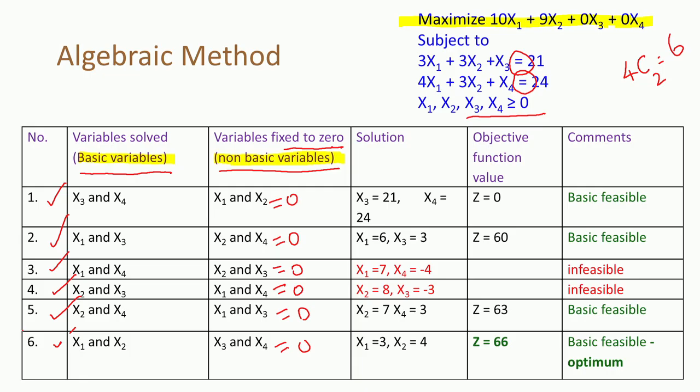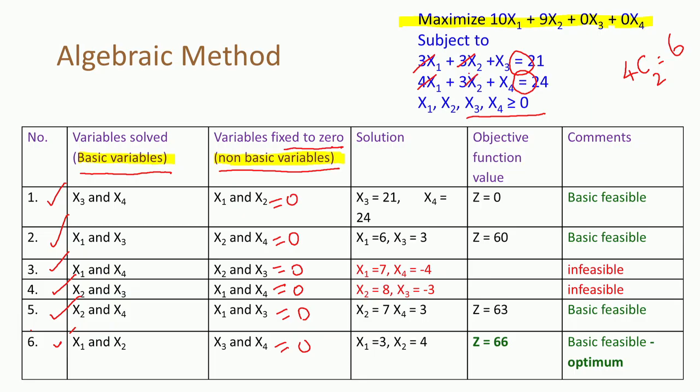The first out of the 6 solutions, we are going to solve for x3 and x4, and we are going to fix x1 and x2 at 0. So, when we solve for x3 and x4, we are fixing x1 and x2 to 0.